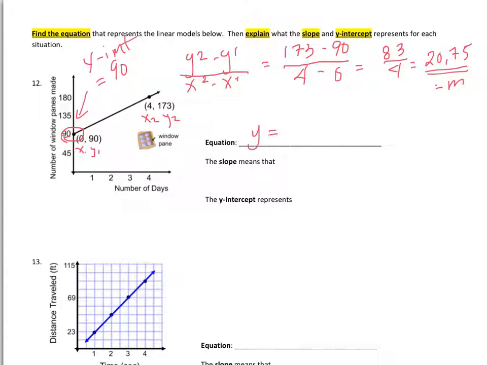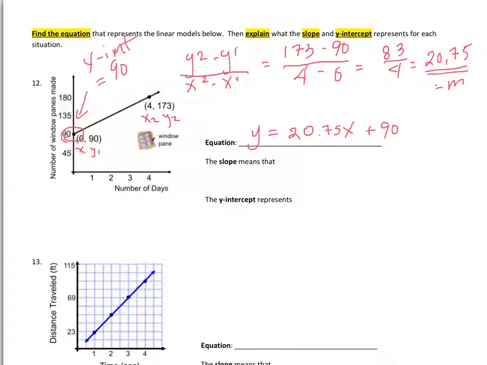So y equals 20.75x plus 90. So what does that slope mean? Don't tell me it means 20.75. What this is, is an increase of the number of window panes made over a number of days. In this case, 1 day, right?